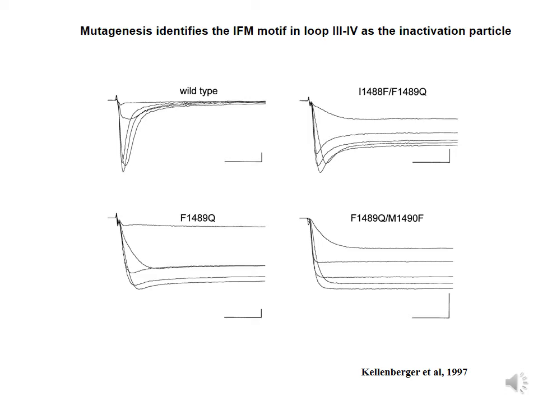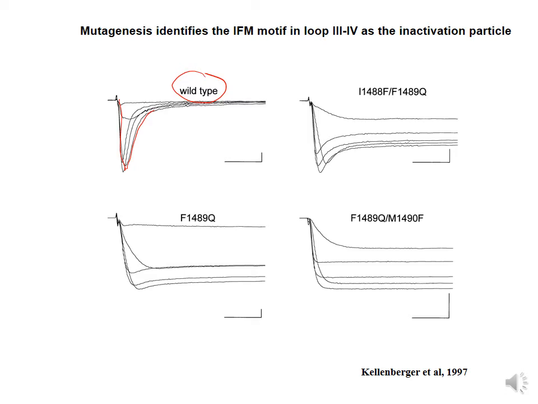So here are voltage clamp recordings of voltage gated sodium channels expressed in a cell line. You can see in the wild type sodium channels, these channels activate very quickly and then also inactivate very quickly.